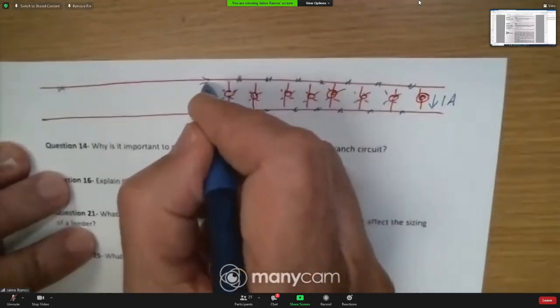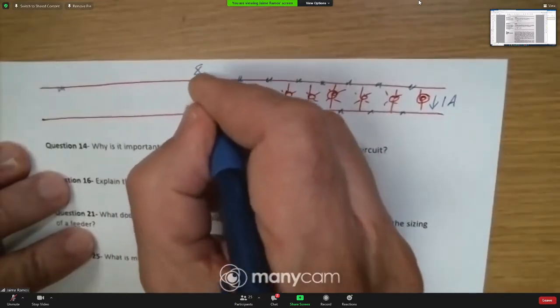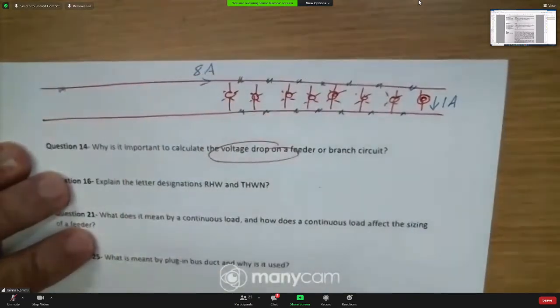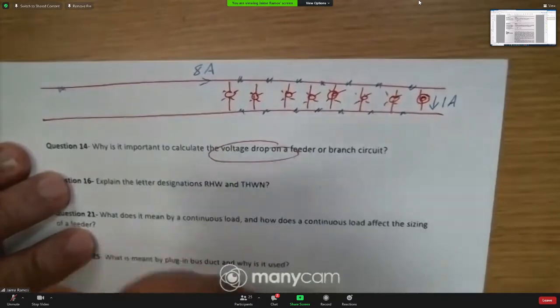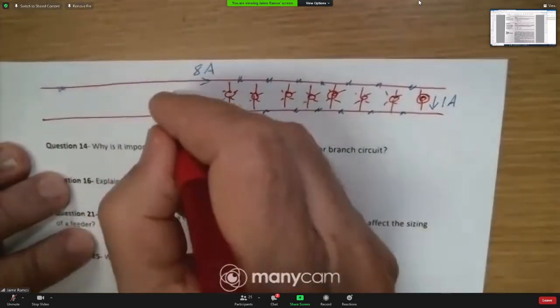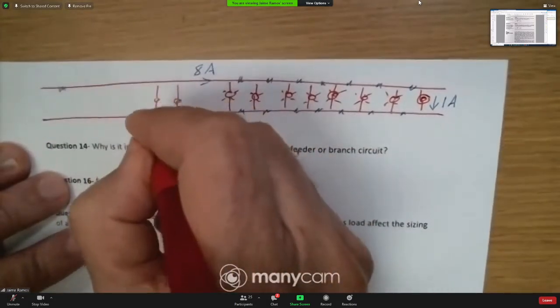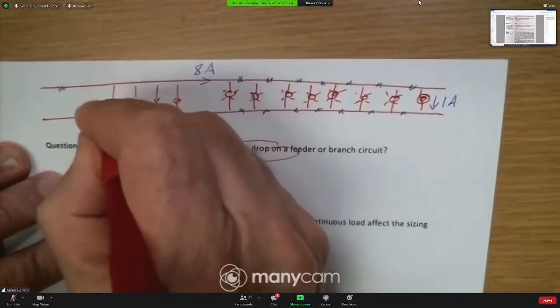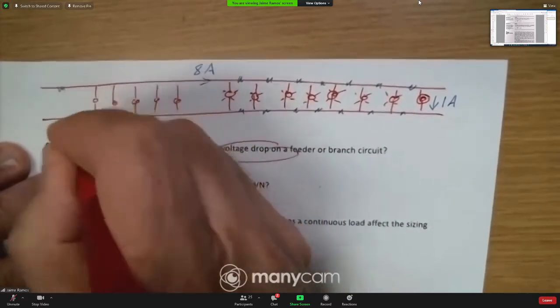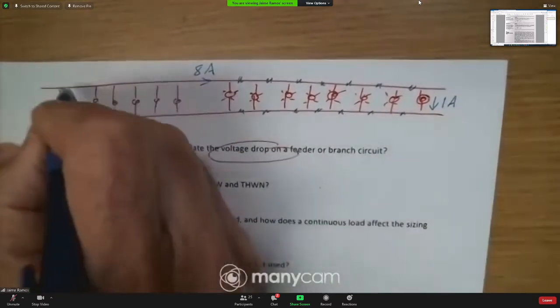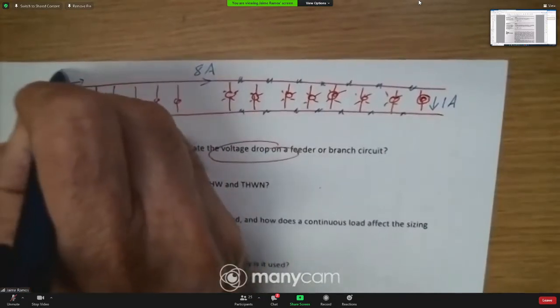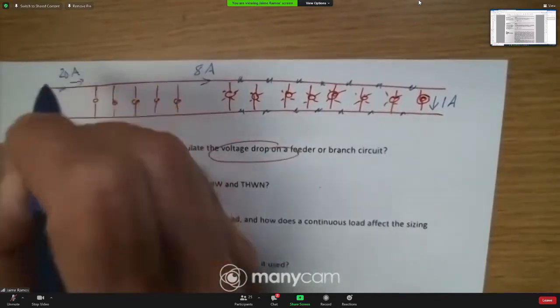When we come here, we have 8 amps on the feeder. More lamps. When you come here, you are going to have 20 amps on the feeder.